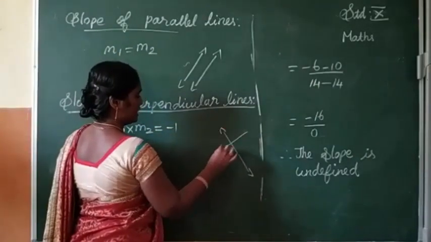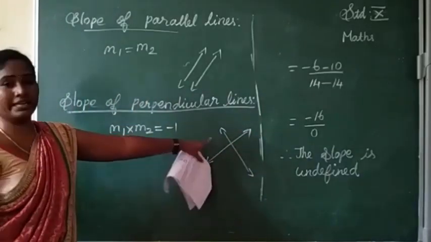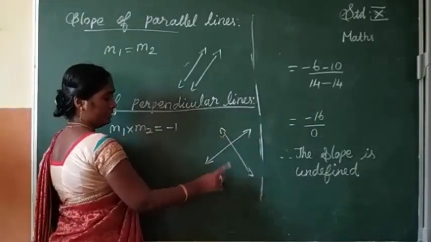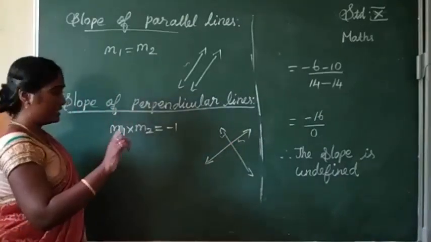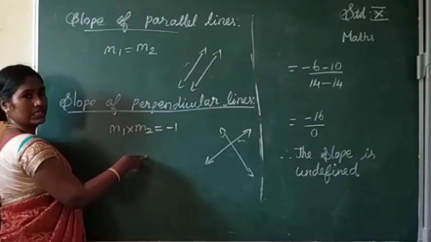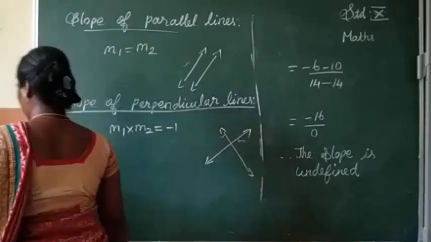See these two lines. How can I say these two lines are perpendicular lines? If we find the slope for the first one, then find the slope for the second one, and if you multiply those two answers, it will give the answer minus 1, then we can easily say the given two lines are perpendicular lines.